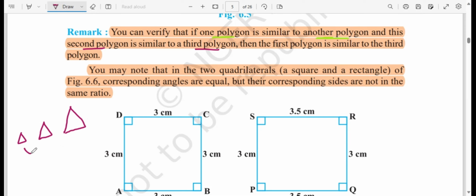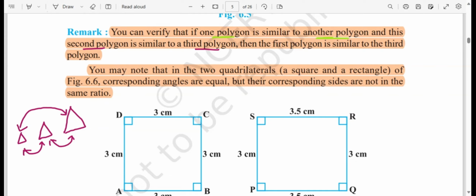If the first two triangles are similar, and the second and third triangles are also similar, then the first triangle and the third triangle are also similar. That is what the note tells.